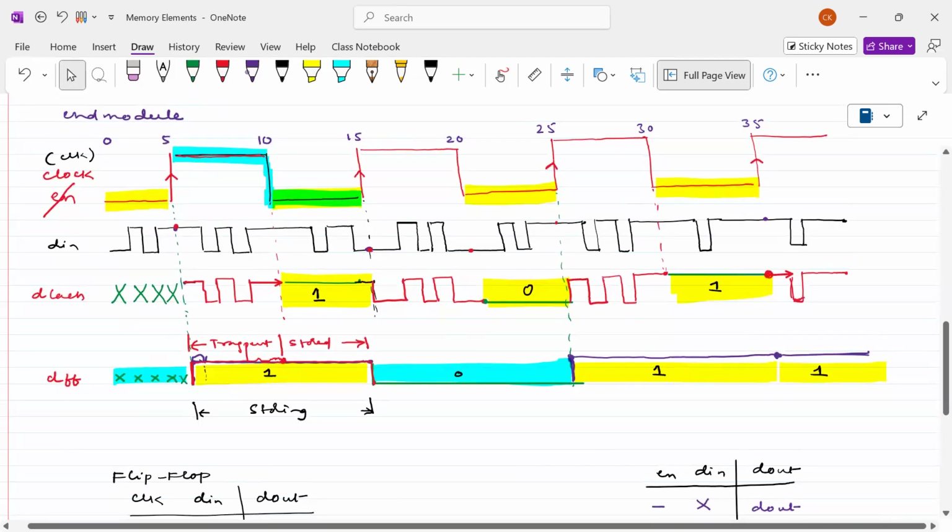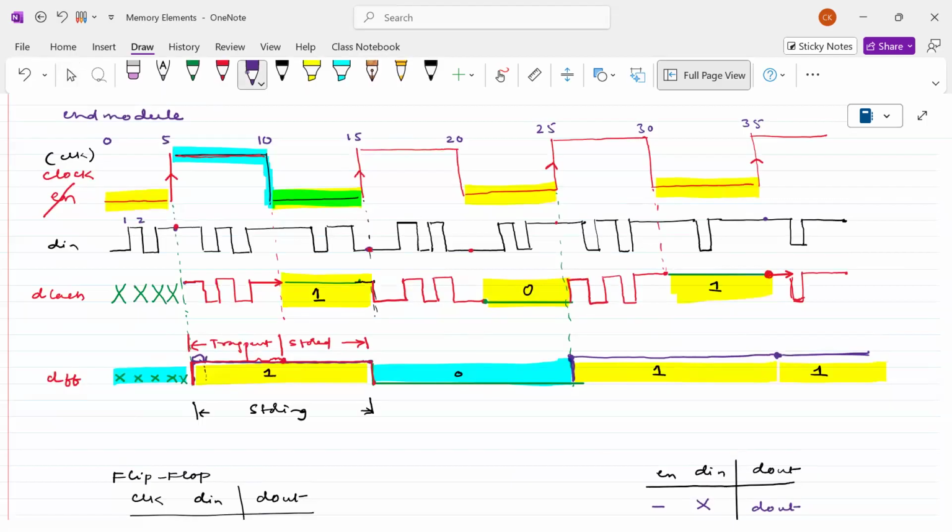Now let me consider 1, 2, 3, 6, 7, 8, 9, 11, 12, 13, 16, 17, 18, 19, 21, 22, 23, 26, 27, 28, 29, 31, 32, 36, 37.